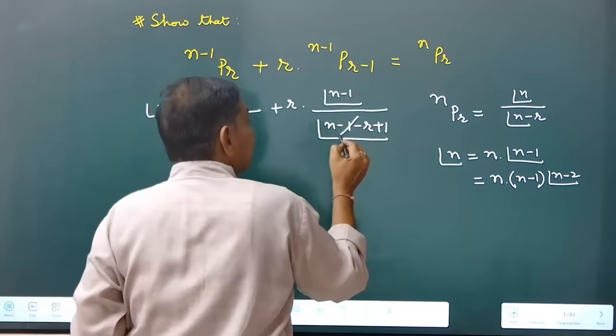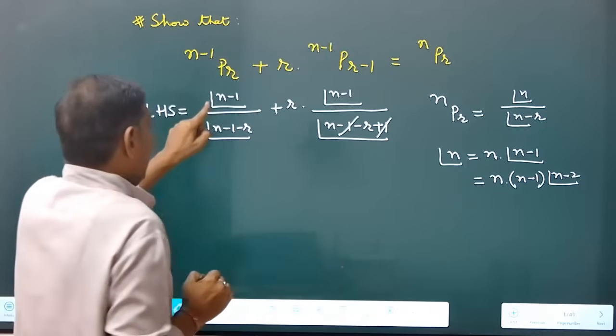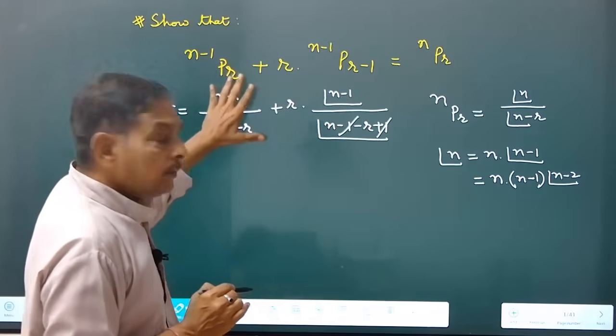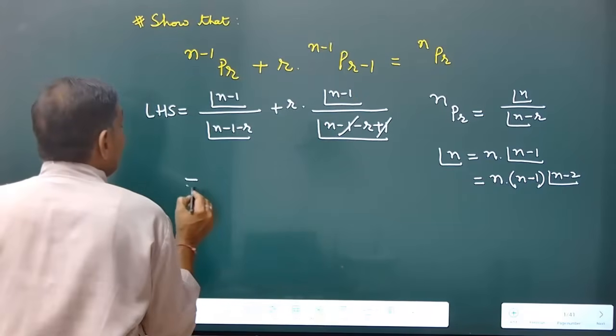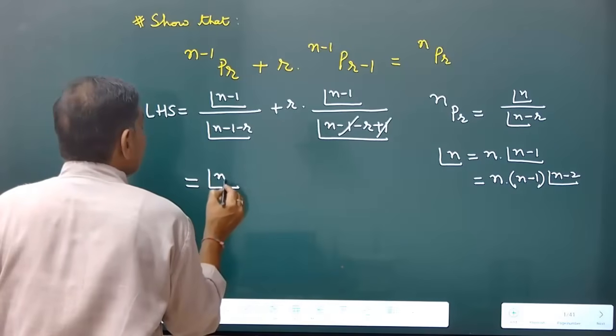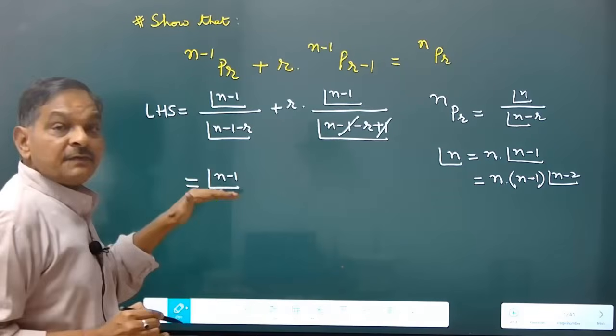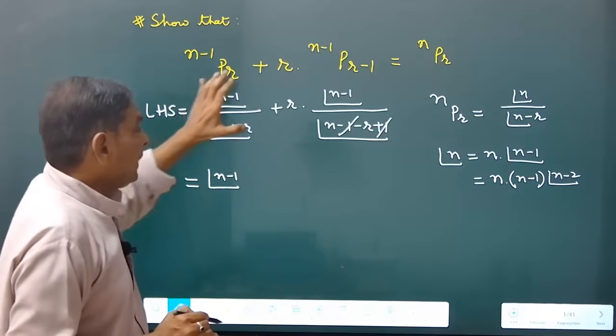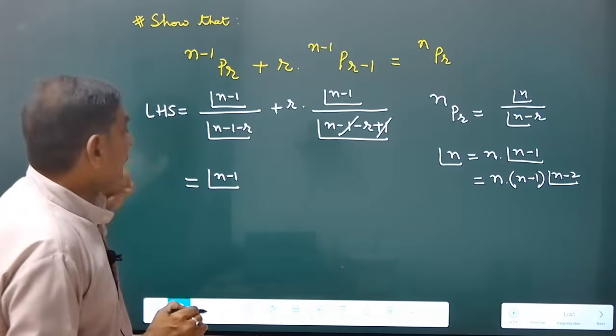This 1 is cancelled. Factorial n minus 1 is there in both the terms in the numerator, so it can be taken common. Such questions we have seen in our course also. So I hope that you are familiar with this type of work.